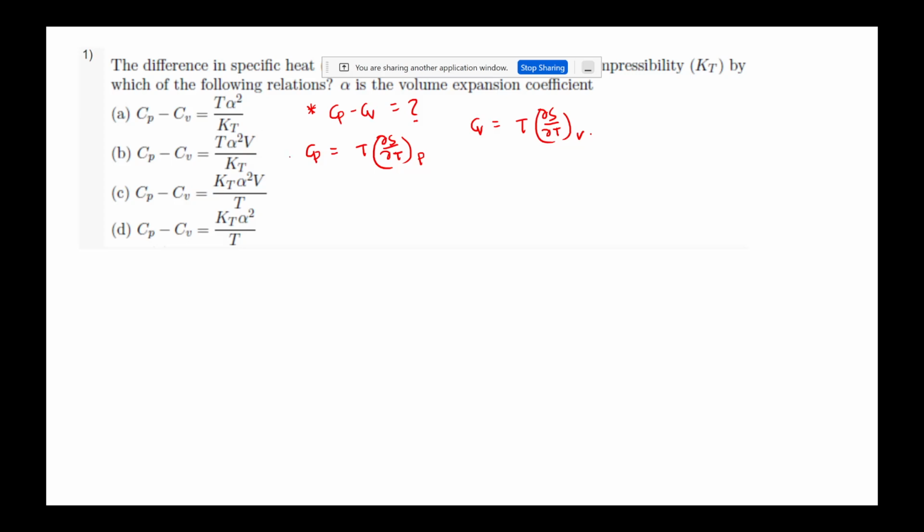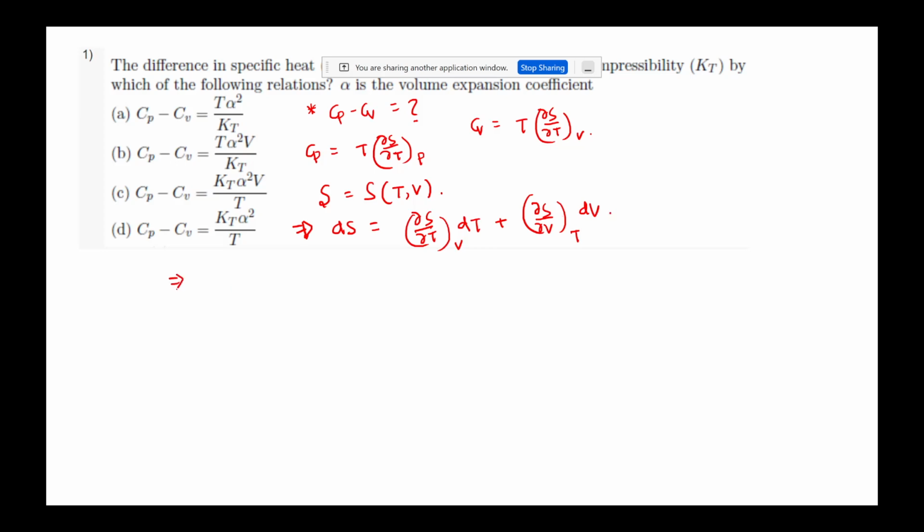Now, S is a function of T and V. If we write the differential of that, dS should be del S del T keeping V fixed dT, plus del S del V keeping T fixed dV, right?